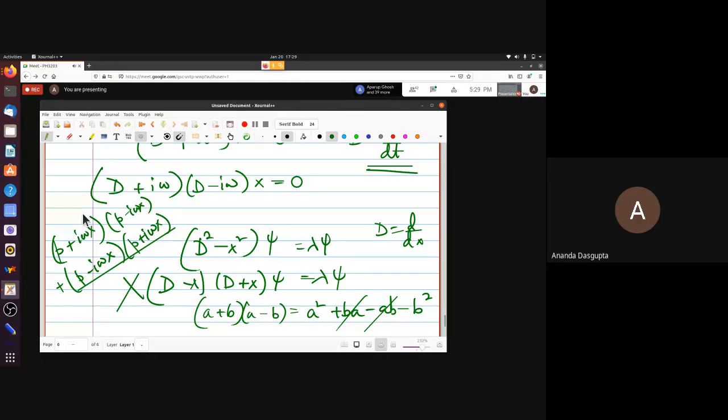Now, such factorization is not in general possible for all potentials, but there are potentials for which more complicated factorizations are possible, and for them you have ladder operator-like structures. Say for the hydrogen atom, for example, you can find ladder operator-like structures, not as simple as the harmonic oscillator ones.